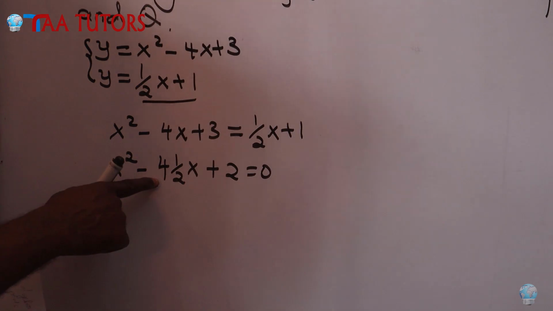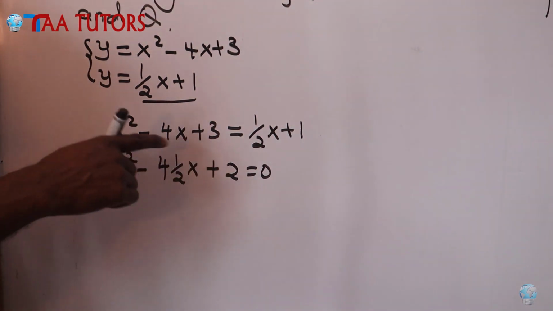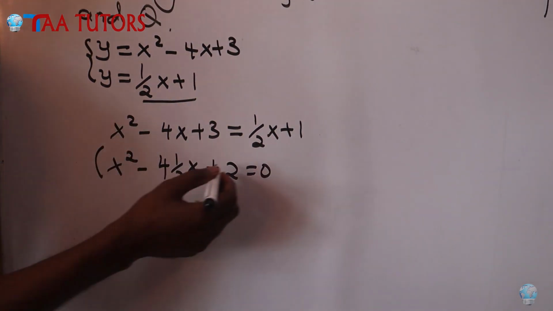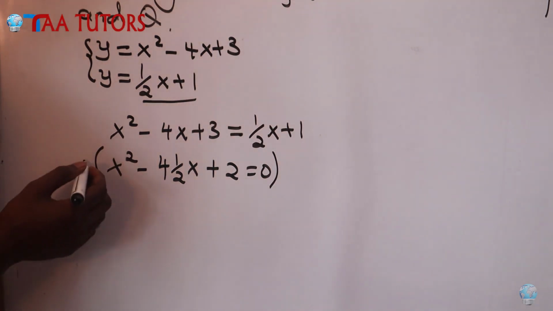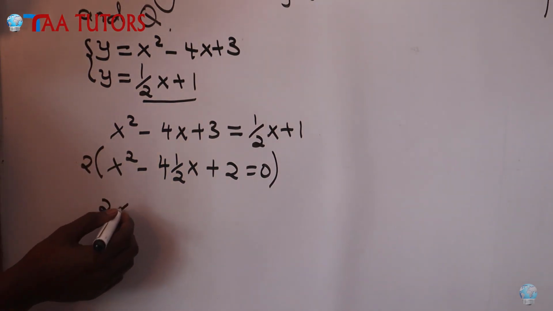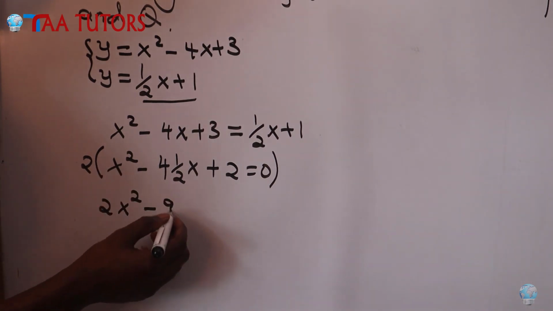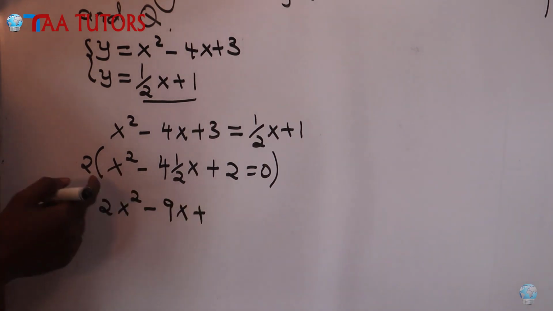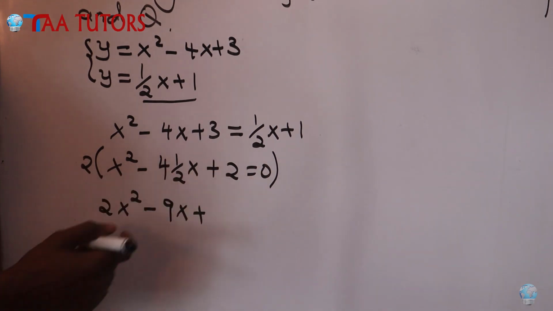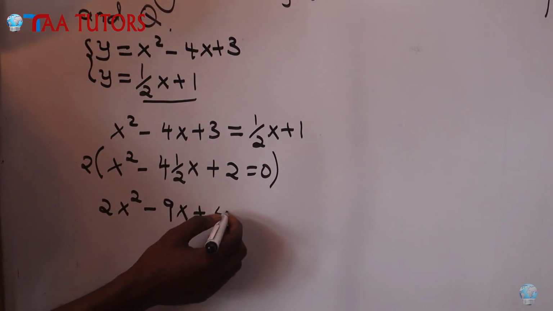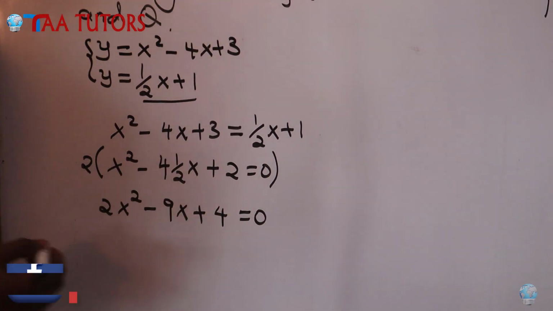But because this is a half, I can multiply by 2 to remove the fraction. So if I multiply by 2, I'll get 2x squared minus 9x, because 4 and a half times 2 is 9, plus 2 times 2 is 4, equals 0.